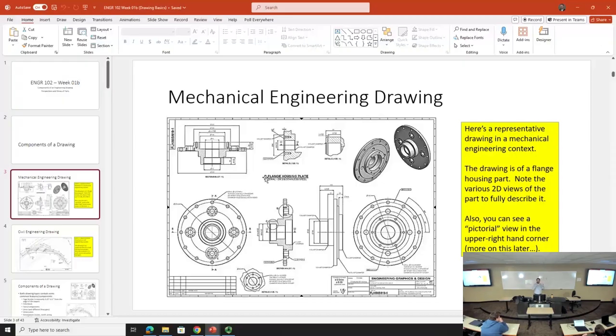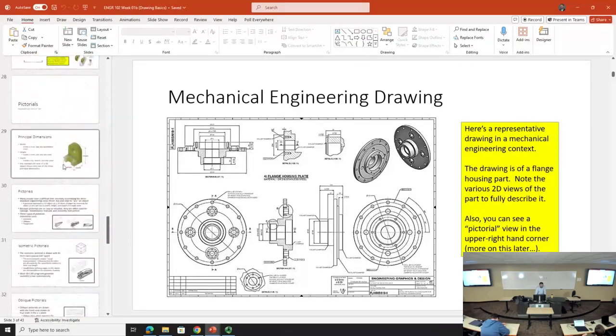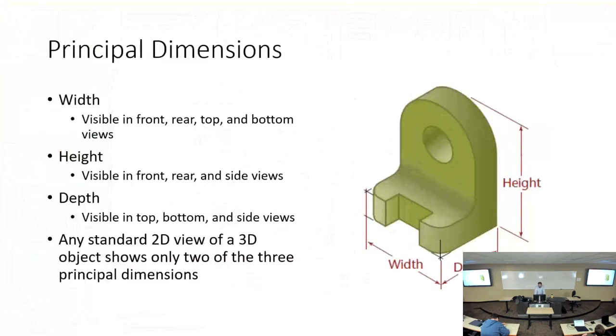It's a 3D rendering. That's a pictorial. Whenever you have a 3D rendering of a part included in the drawing to help the engineer or the fabricator understand what you're looking at, that's a pictorial.